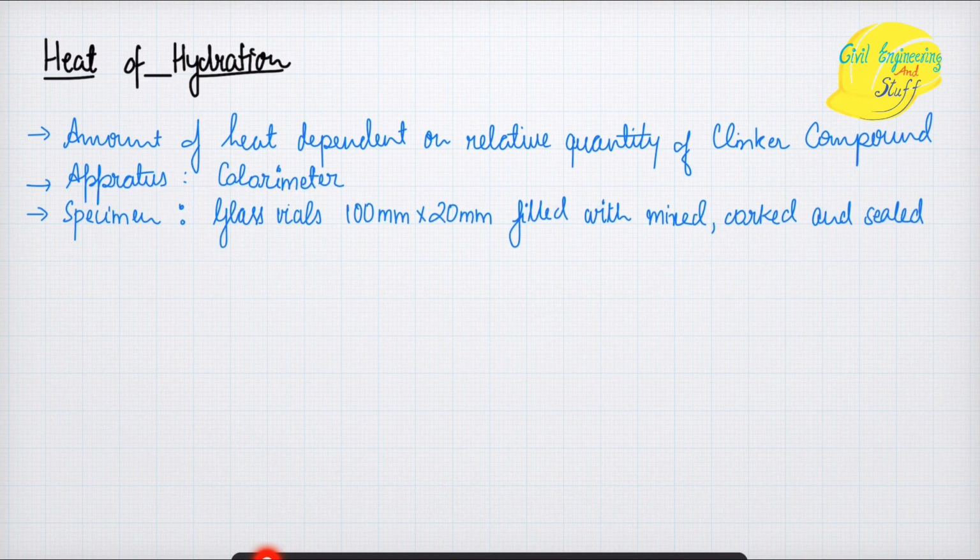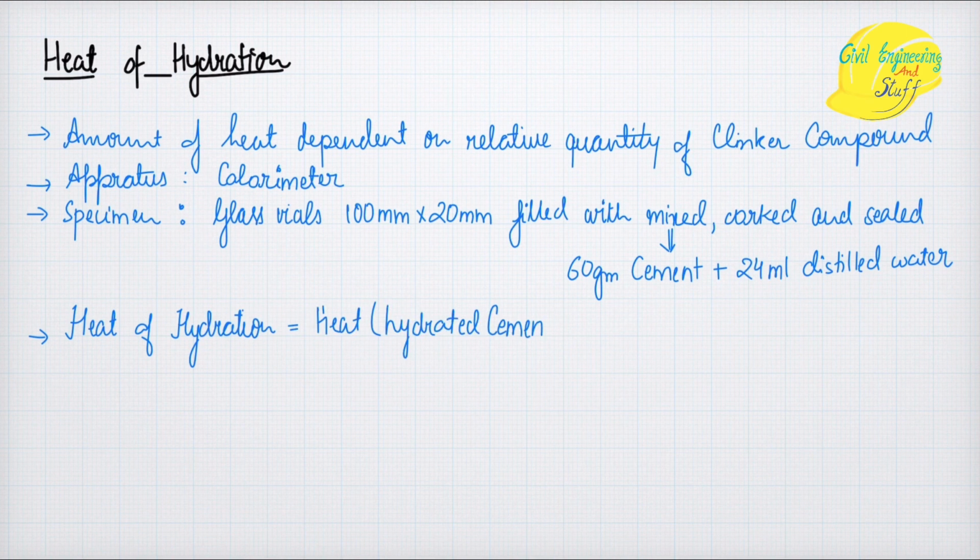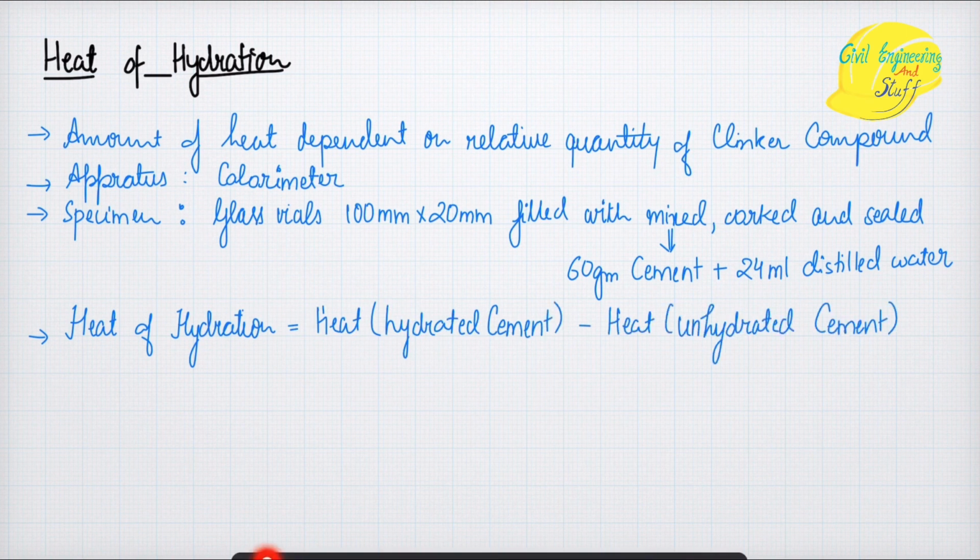Now the specimen we have is put in a glass vial of 100 mm by 20 mm and filled with the mixture, the cement paste, that is 60 gram cement plus 24 ml of distilled water, and then it is tightened and sealed. The heat of hydration is calculated as the heat emitted by the hydrated cement measured by the calorimeter minus the heat generated by the unhydrated cement.